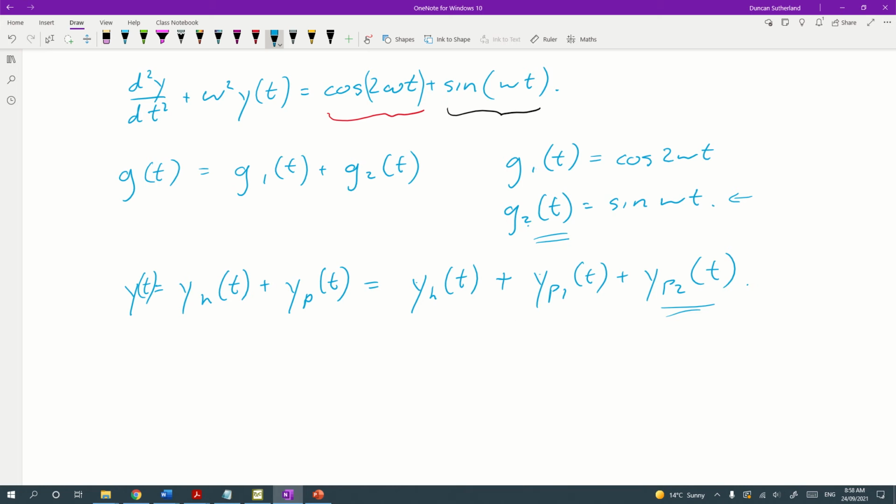So when we do these worked examples, we firstly solve the associated homogeneous problem. The associated homogeneous problem is this, where the driving term is set to 0.